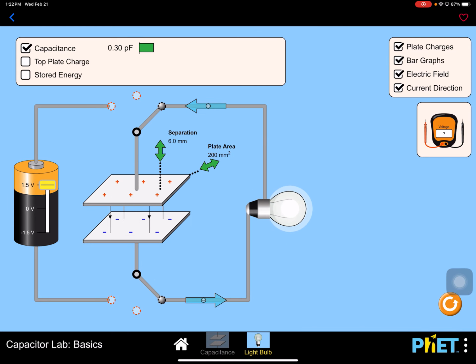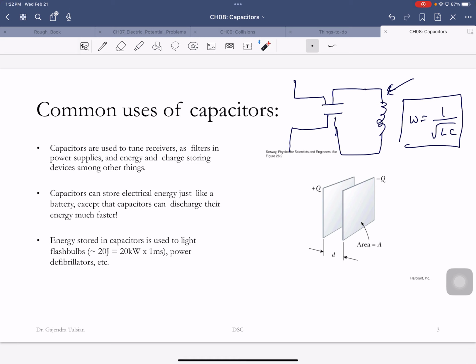So here are the numbers on the flash bulb. In your cameras, capacitors are used to light the flash bulb. You can store 20 joules of energy in the capacitor. These are just typical numbers, which is 20 kilowatts for 1 millisecond.